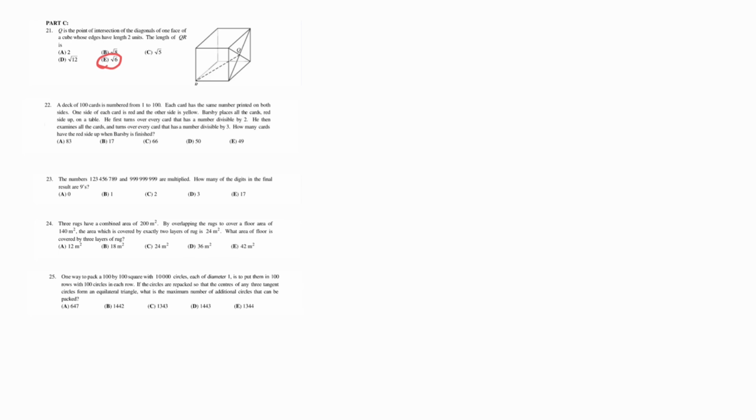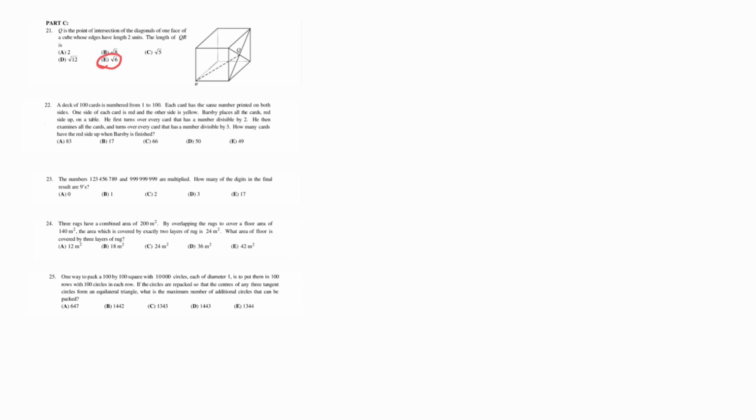Number 22. A deck of 100 cards is numbered from 1 to 100. Each card has the same number printed on both sides. One side of each card is red and the other side is yellow. Barsby places all the cards red side up on the table.